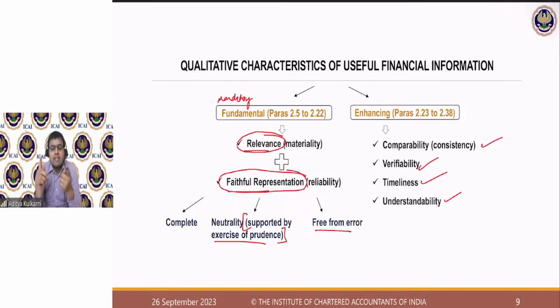Now, look at the fundamental characteristics of financial information. Are you meeting faithful representation? In years 1, 2, and 3, you have thought that the revenue from this contract is going to be 3,000 crores.